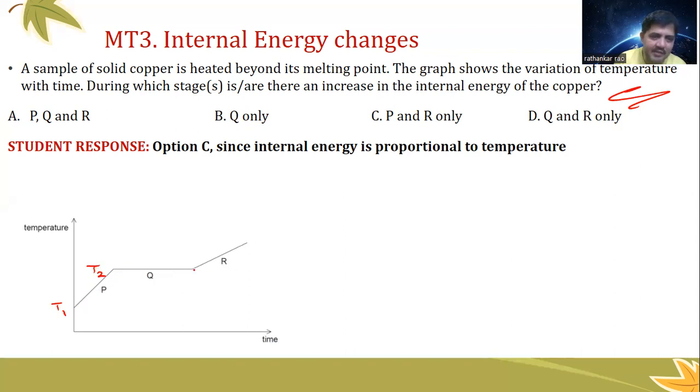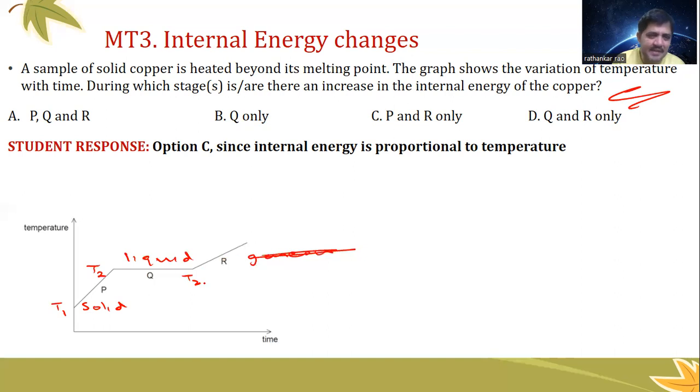So maybe this is also once again at T2 here. So I can say P was at the solid phase, Q was at the liquid phase, and R was at the gaseous phase. Okay, R is not in gaseous phase, sorry. So liquid phase. And after it reaches the temperature T2, the temperature of the liquid copper is increased. That's what we can say.